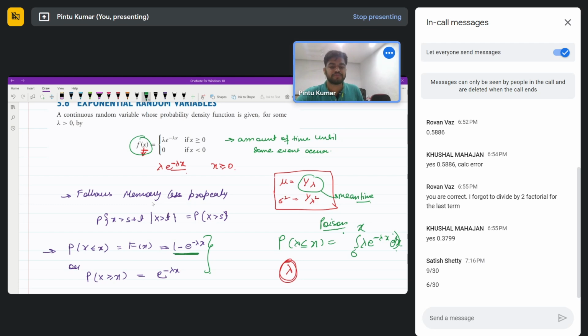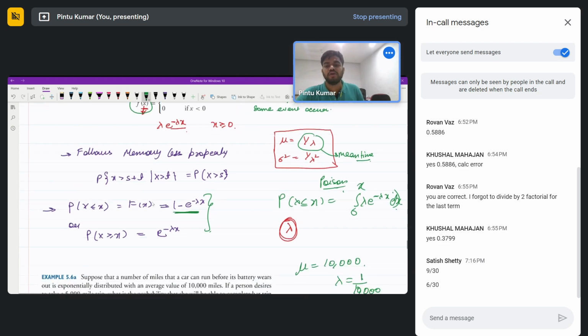So the probability that x is less than or equal to x is given by 1 minus e to the power minus lambda x. Then what is the probability that x is greater than or equal to x? This is just 1 minus the probability that x is less than or equal to x, which is nothing but e to the power minus lambda x.